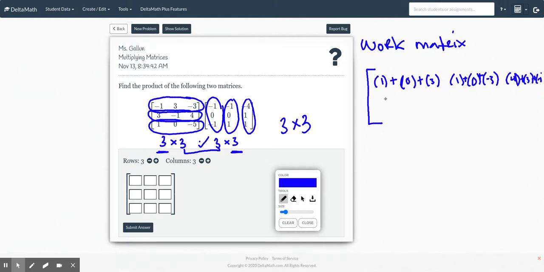It's okay. Okay, so for second row, first column, I'm going to use a new color. 3 times 0, I get 0, plus -1. No, 3 times -1. That was wrong. See? Good thing I'm writing it out. That would give us -3. -1 times 0 is 0. 4 times -1 is -4. 3 times -1 is -3. -1 times 0 is 0.